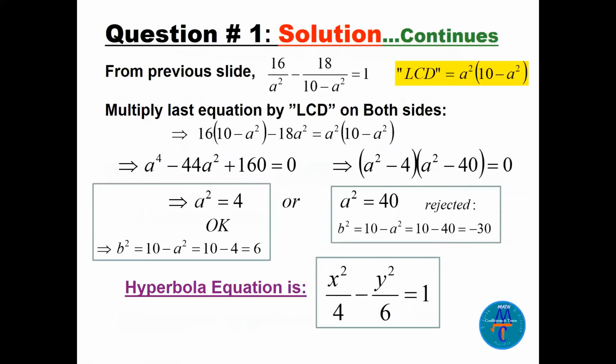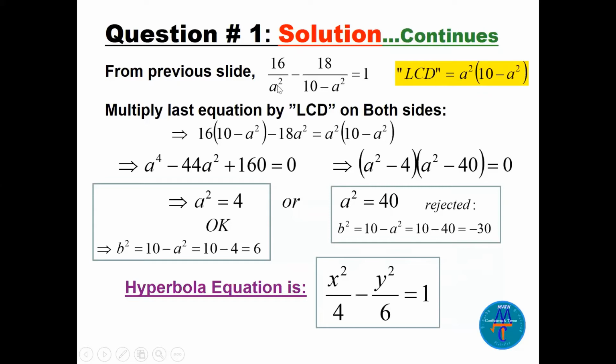Okay. Now, this is the equation we get from the previous slide. You can remember the equation: 16 over A squared minus 18 over (10 minus A squared) is equal to 1. Any equation that has a fraction, as I mentioned maybe before, find the LCD. The LCD means the least common denominator.